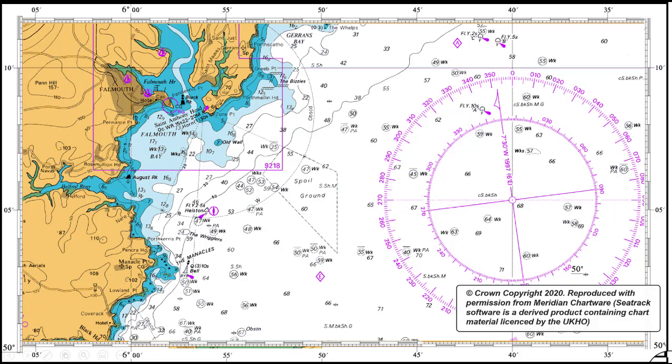First, the requirement is to locate the given waypoint. Waypoint 1: latitude 50 degrees 03 minutes north, and longitude 005 degrees 56 minutes west. So this is 50 degrees, 01, 02, 03.